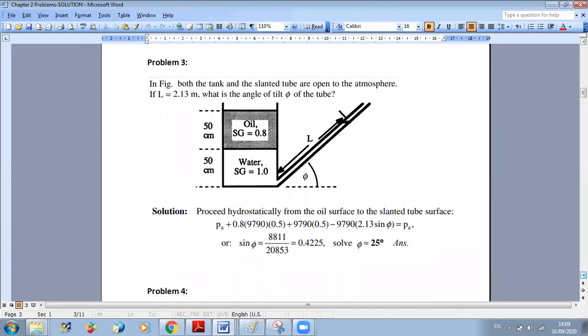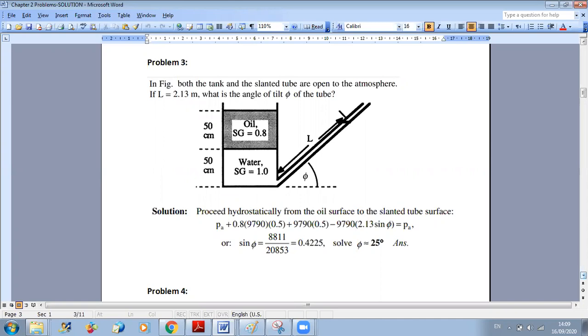In the following figure, both the tank and the slanted tube are open to the atmosphere. If the length L is equal to 2.13 meters, what is the angle of tilt phi of the tube? So here we need to find the tilting angle phi.